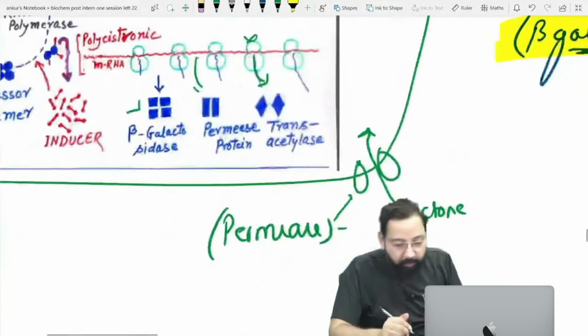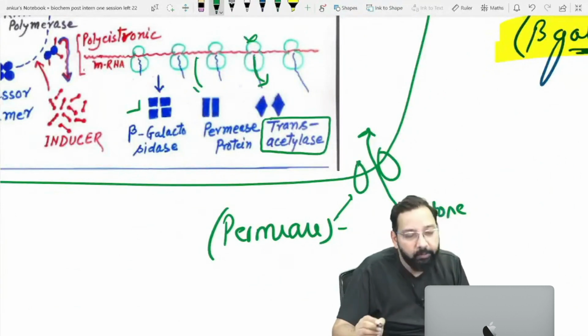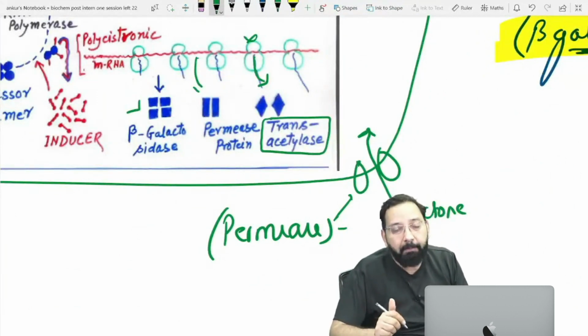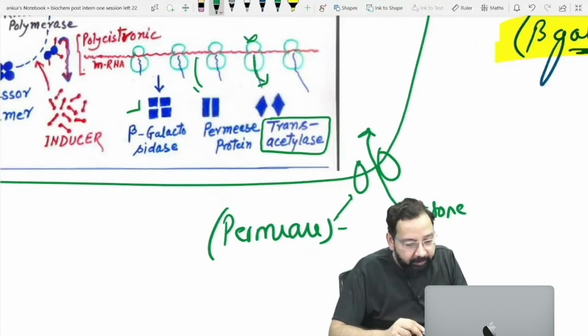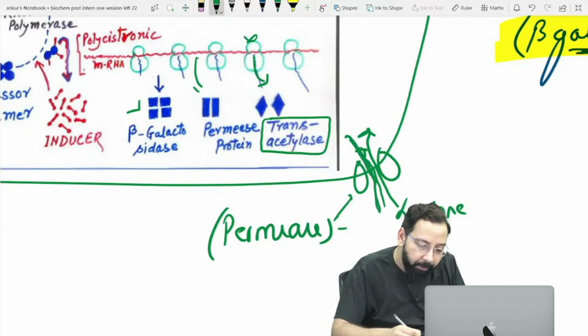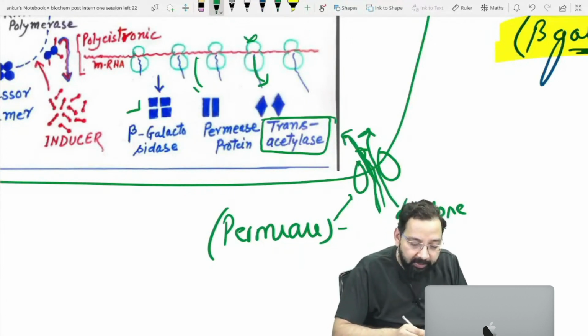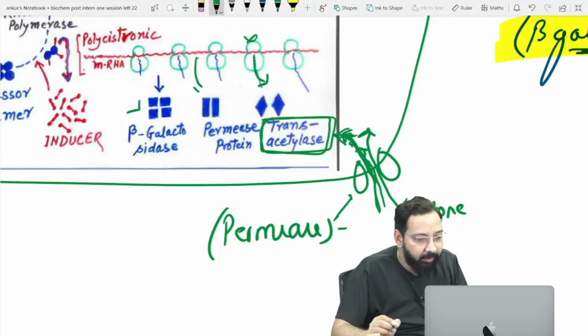Function of transacetylase: in a few places it is written as not well defined, but at a few places it is written that when lactose enters via permease, some toxic compound will also come into E. coli, and this transacetylase will destroy these toxic compounds.